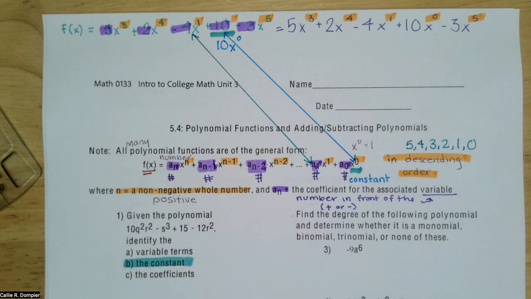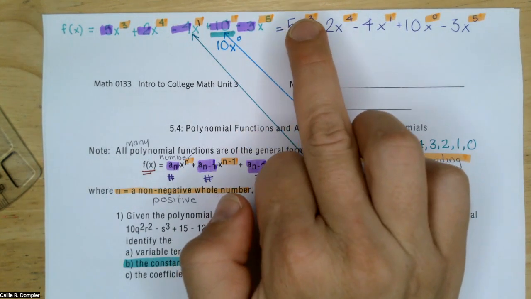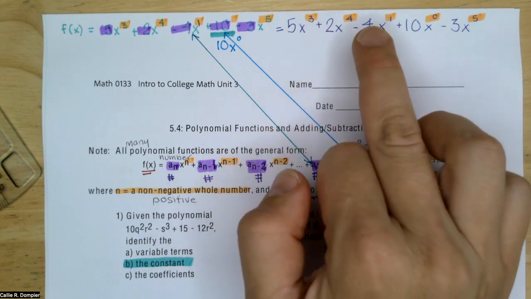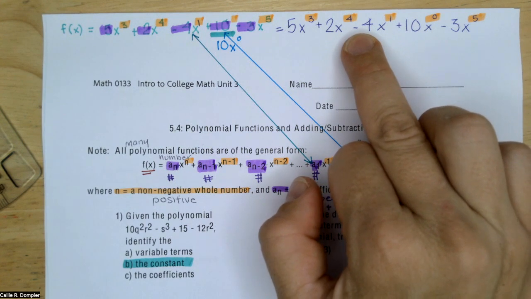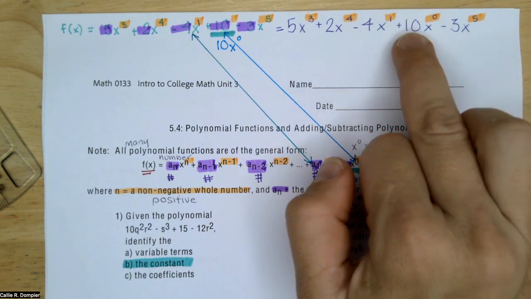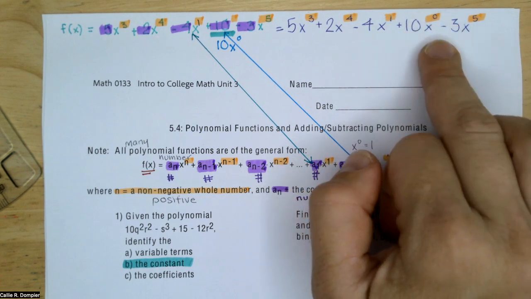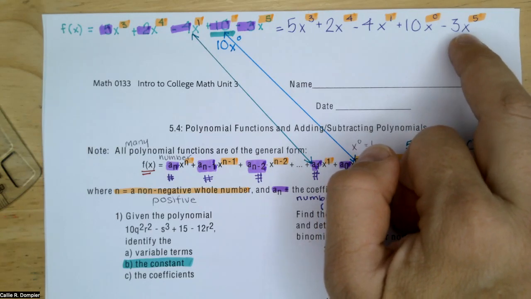Okay, now here we have a coefficient of 5, a variable of x, a power of 3, coefficient of positive 2, exponent of 4, coefficient of negative 4, exponent of 1, constant of 10. Okay, we're going to call this a constant. Coefficient of negative 3 is a coefficient because there is an x being multiplied by it.